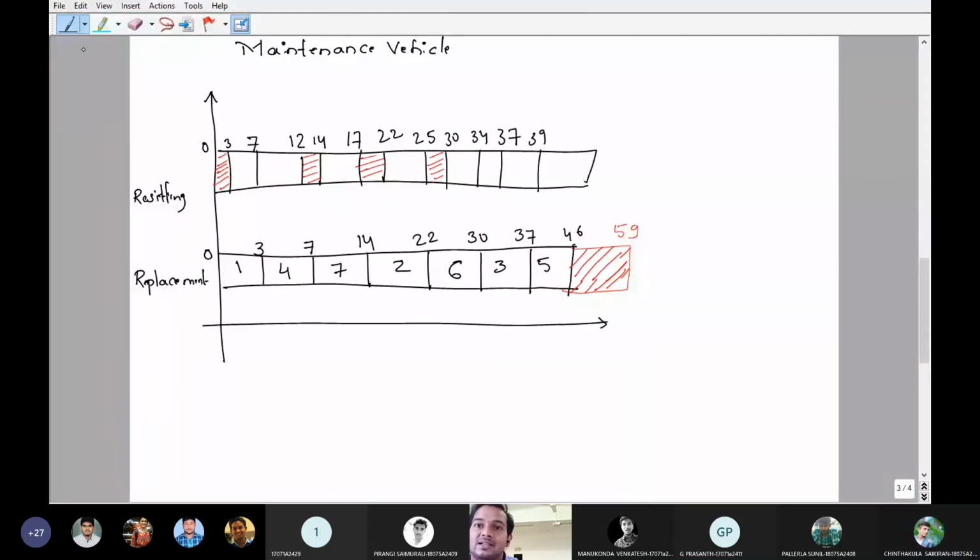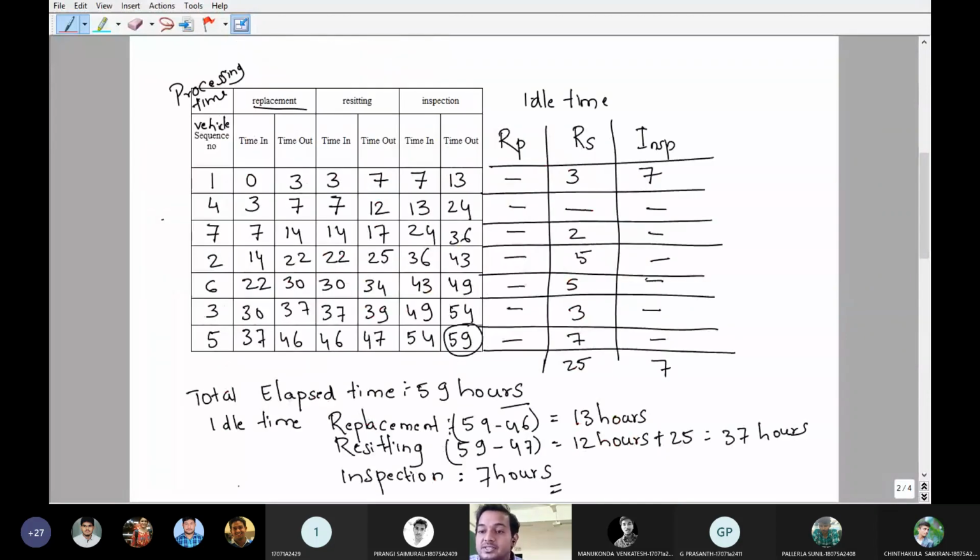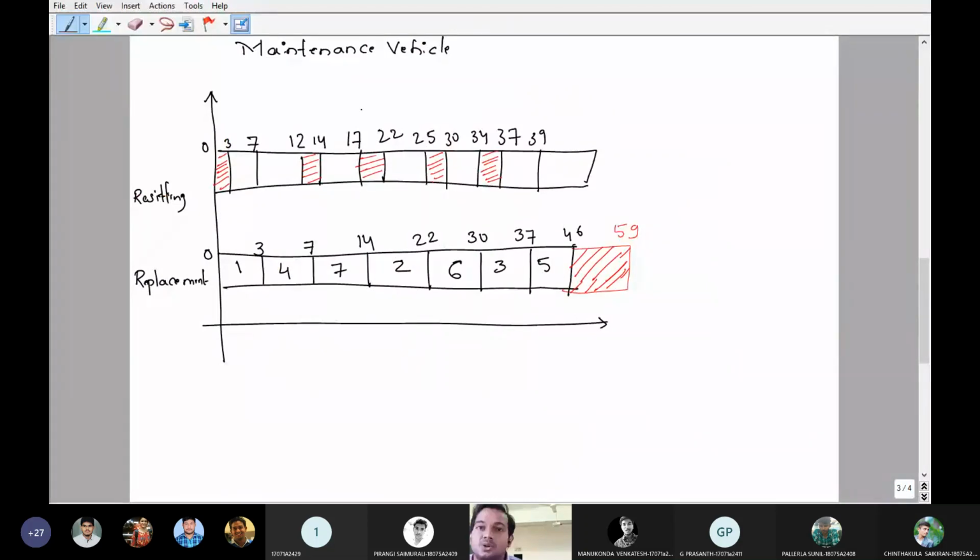So what happened here? 34 to 37 is an idle time. Next one, 46 to 47. After 46 it is completely idle time here.